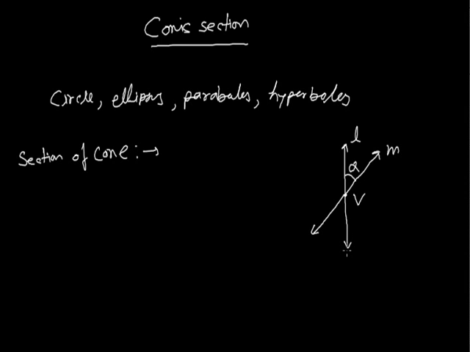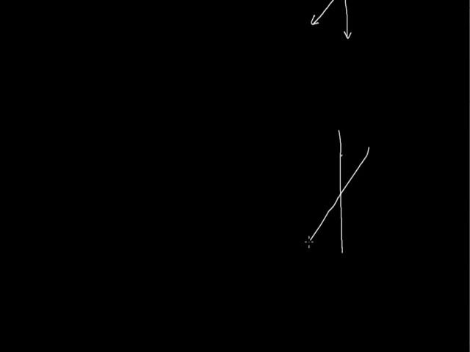Suppose we make another figure for this. Suppose this line M rotates about the line L, so we can see that the figure is like this, a double napped right circular hollow cone.